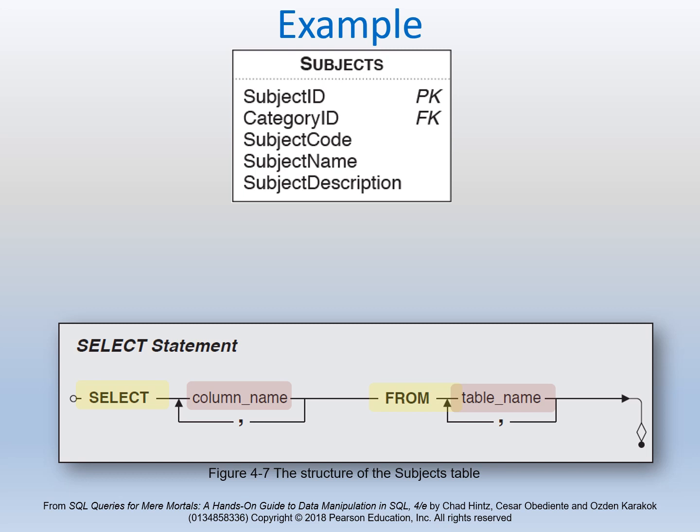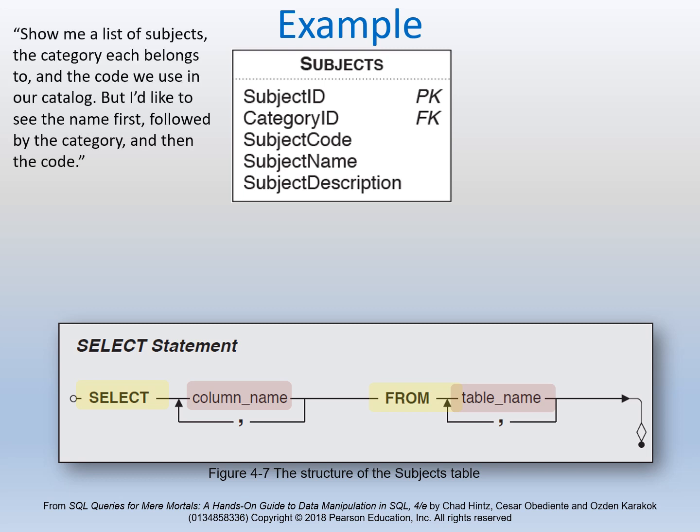Let's look at a select statement for another query on the subjects table. The request is, show me a list of subjects, the category each subject belongs to, and the code we use in our catalog. But I'd like to see the name first, followed by the category, and then by the code.